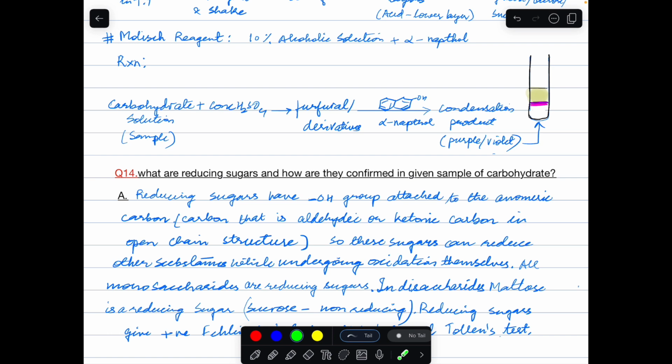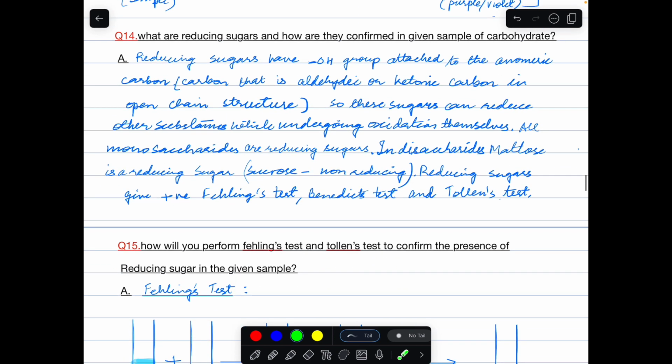Okay. Next question, what are reducing sugars and how are they confirmed in a given sample of carbohydrate? Now, all carbohydrates that you have can be categorized into two broad categories, reducing and non-reducing. So we have a specific test for reducing sugars.